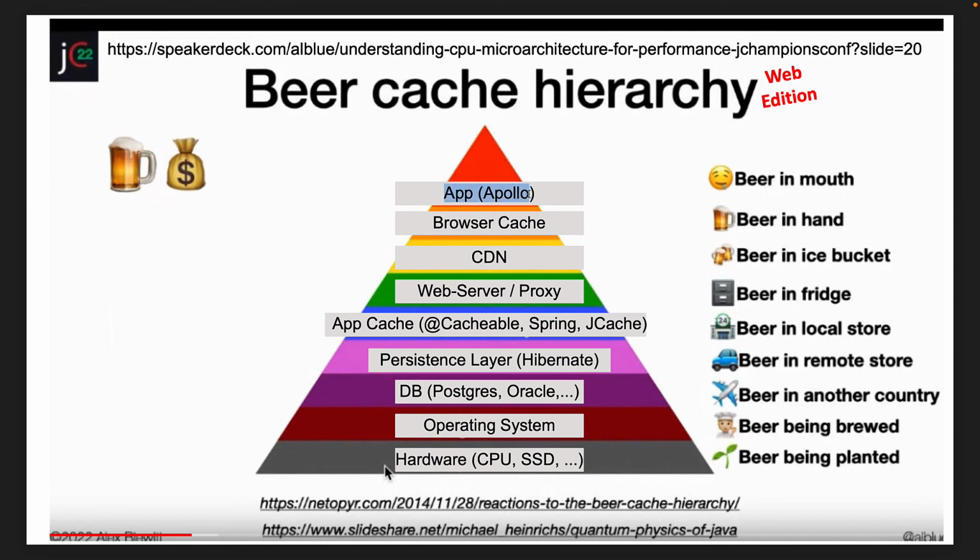The first layer, the app layer, directly in your front end, is the same as having beer in your mouth. The browser cache would be like having beer in the hand, but it's still not in your mouth. A CDN, content delivery network, could be like the beer is in the ice bucket, and so on and so on.